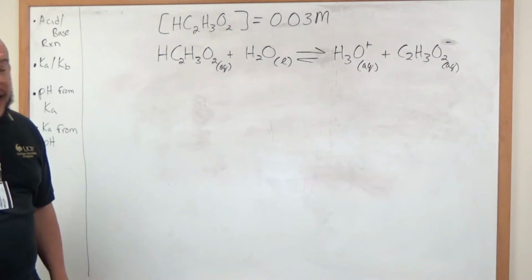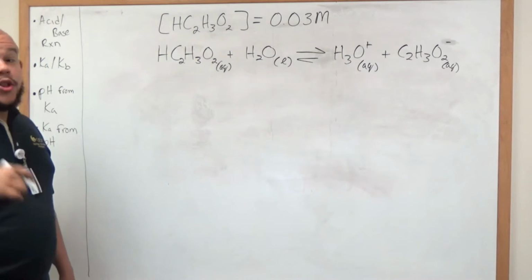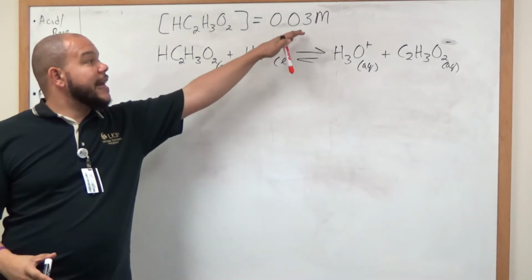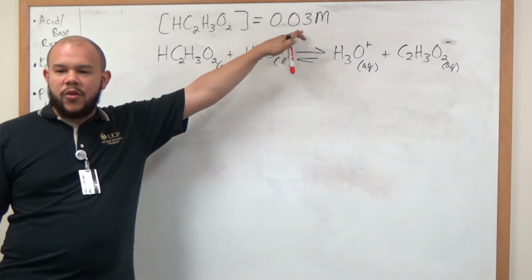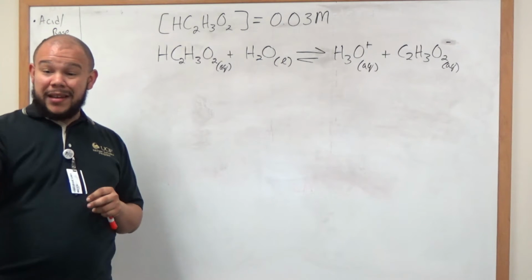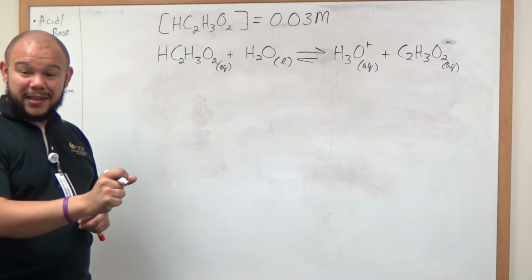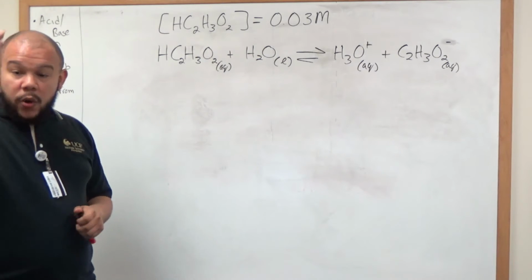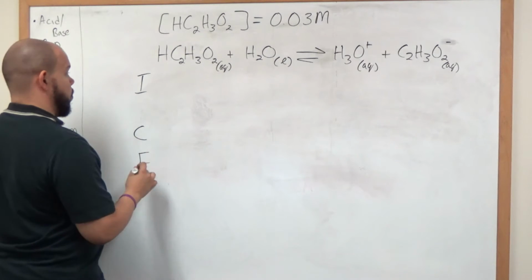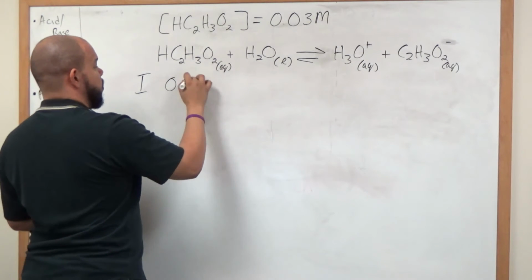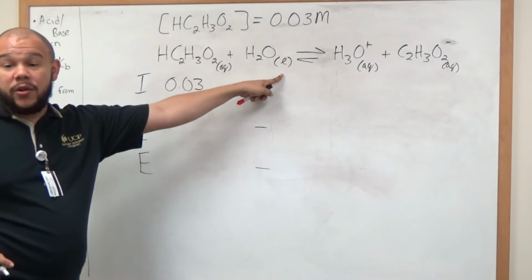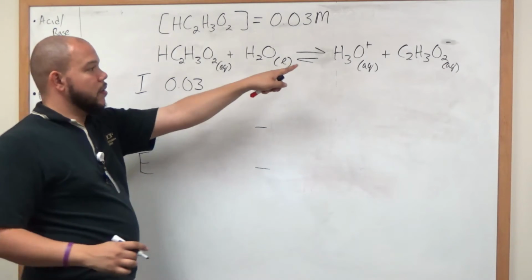Now that we've set up the reaction, just like any other equilibrium problem, we have the assumption that this is our starting concentration. We assume that none of the dissociation has necessarily occurred yet. If we could go to the immediate point where we dissolved the acetic acid in the water and take that as the initial, if we wrote the ice table and we show that this is 0.03, remember we do not care about liquids, because pure liquids do not find themselves in the equilibrium expression.